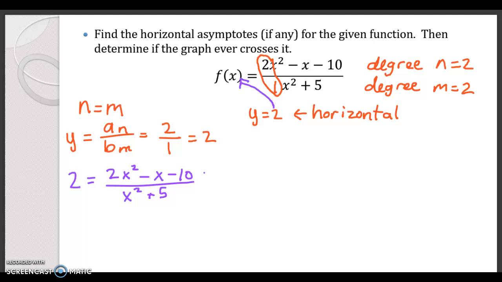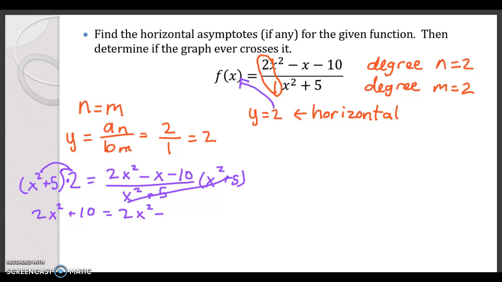Well, let's get rid of the denominator, the fraction, by multiplying by x squared plus 5 on both sides. Now this 2 is being multiplied by this entire binomial, so I need to multiply the 2 in. So I'm going to get 2x squared plus 10 on the right side, and then these go to 1, so I end up with 2x squared minus x minus 10 on the right side.